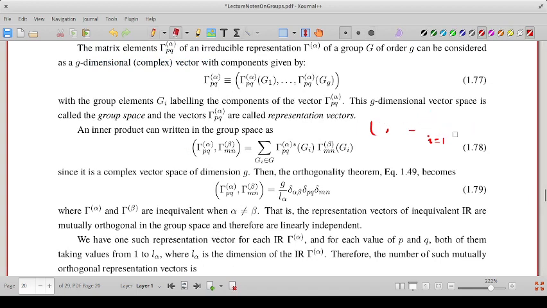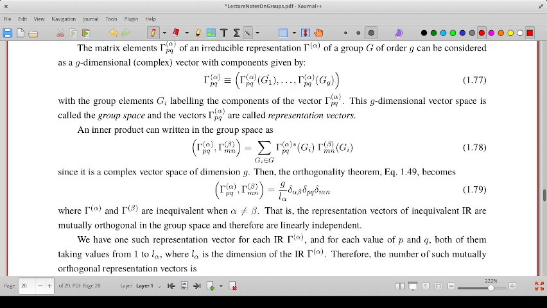So remember, for each inequivalent irreducible representation alpha, and each value for p and q, where p and q run from 1 to l_alpha, because that's the dimension of the representation gamma^alpha, we will have a vector which we denote as gamma^alpha_pq. And the components are gamma^alpha_pq(g_1), gamma^alpha_pq(g_2), etc. up to gamma^alpha_pq(g_g).